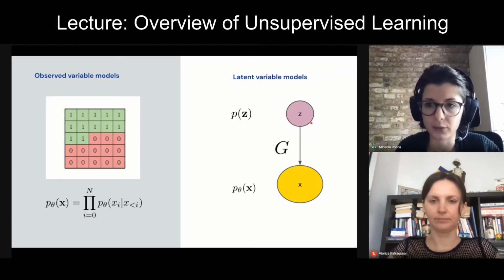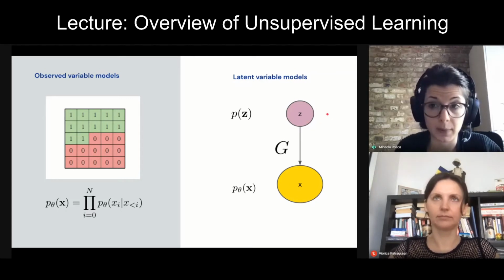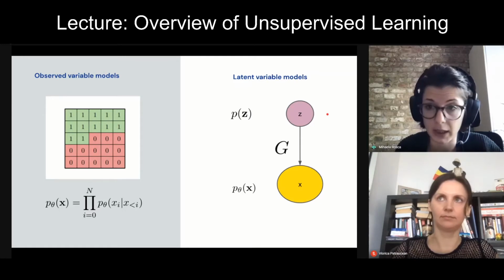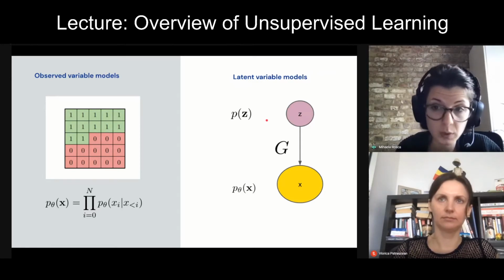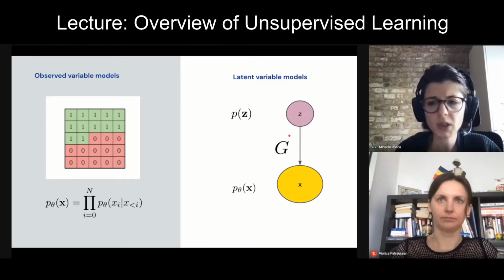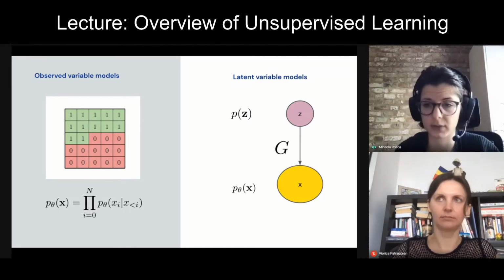So you're mapping from a lower dimensional space, Z, let's say something like 100 dimensions often for images, for which you can choose a prior distribution, so something like a Gaussian would do, and then you transform that using a function, which can be either deterministic or even probabilistic, and we're going to see examples of these in a second, and then you're going to go to your higher dimensional data.